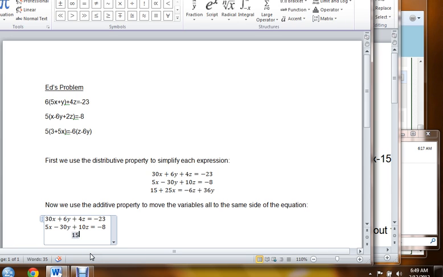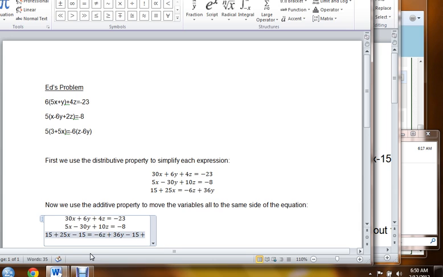15 plus 25x, and then we'll subtract the 15. And we'll just put the equal sign in for now. And then we have the minus 6z plus 36y. And since I subtracted 15 from the left-hand side, I have to subtract 15 from the right-hand side. And now I want to also move the 6z and the 36y from the right-hand side over to the left-hand side.